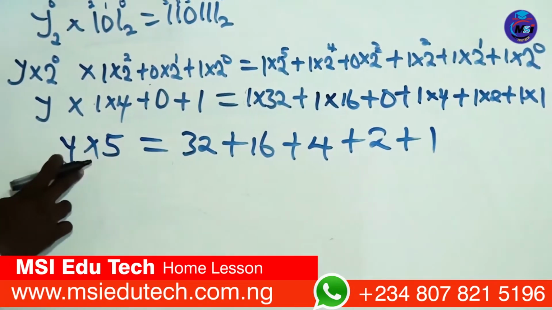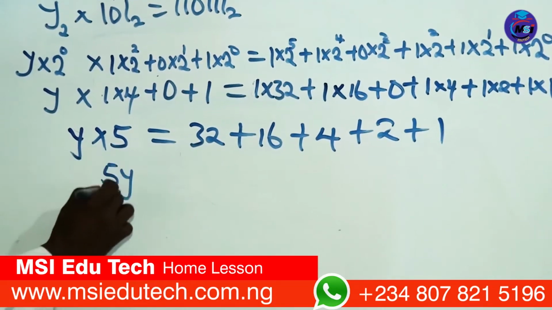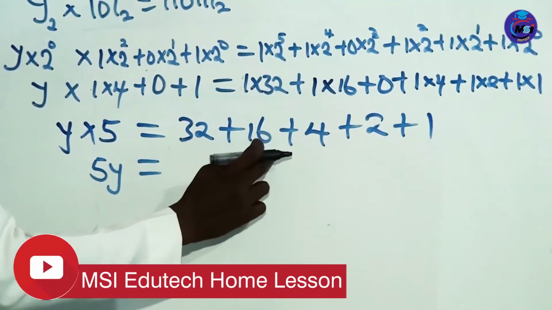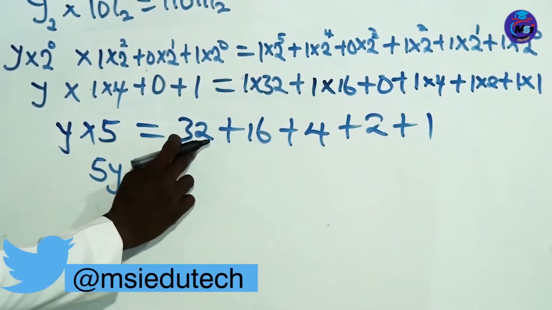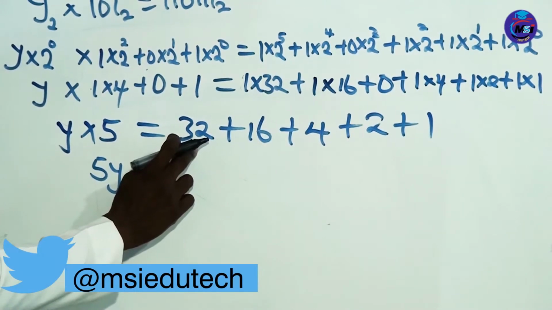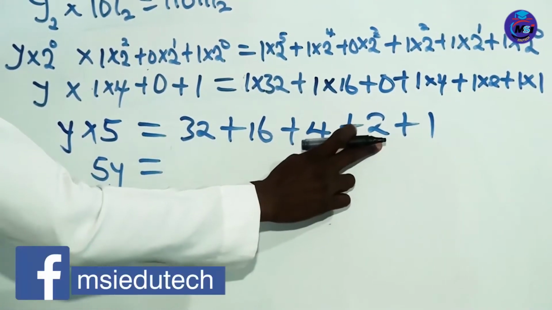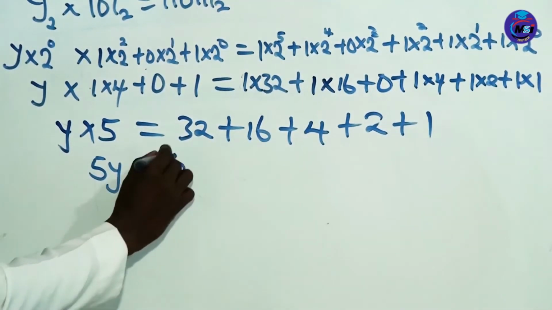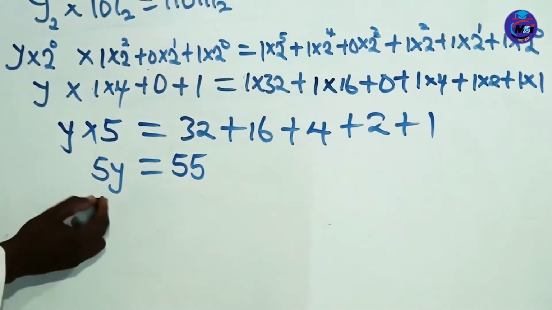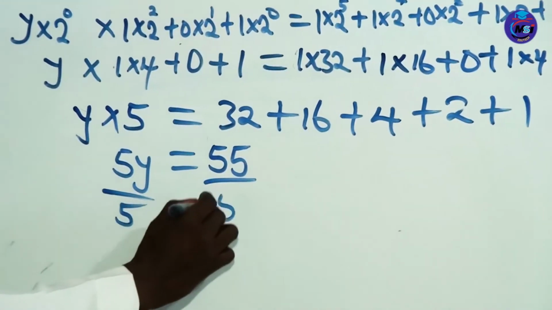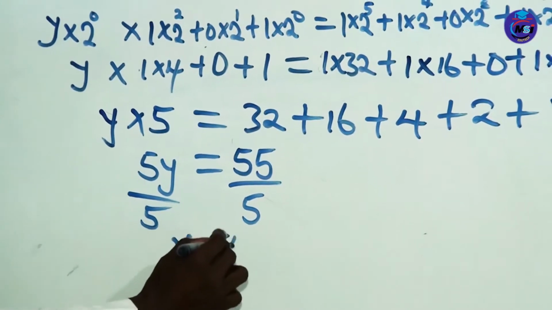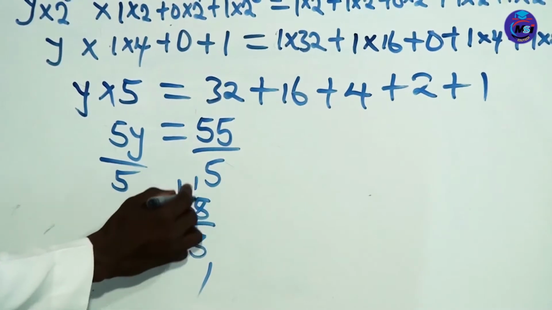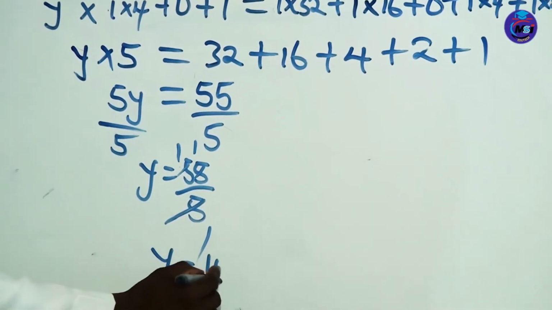Okay, 5 times y will give us 5y. 32, 16 plus 4 will give us 20. 20 plus 32 will give us 52. 52 plus 2 will give us 54. 54 plus 1 will give us 55. So we have 55. So what are we going to do now? Divide both sides by 5. Y will give us 55 all over 5. 5 here, 1. 5 here, 1. 5 here, 1. So y will give us 11.